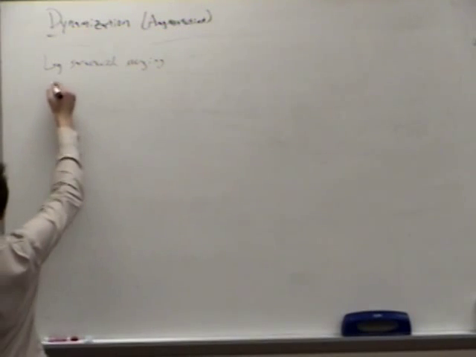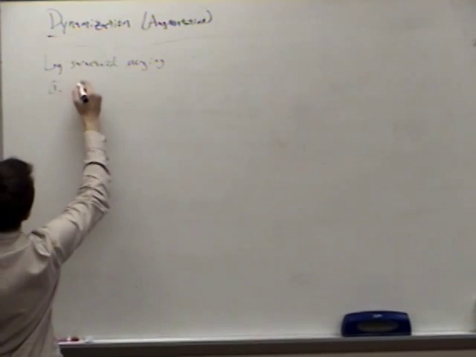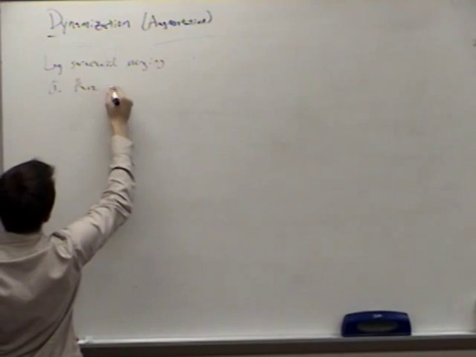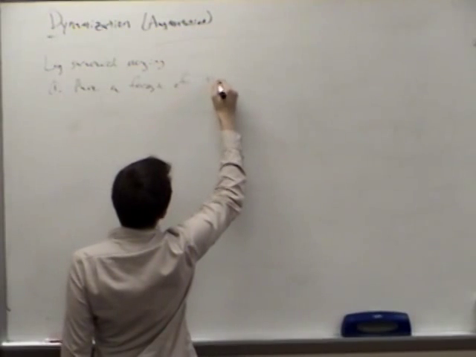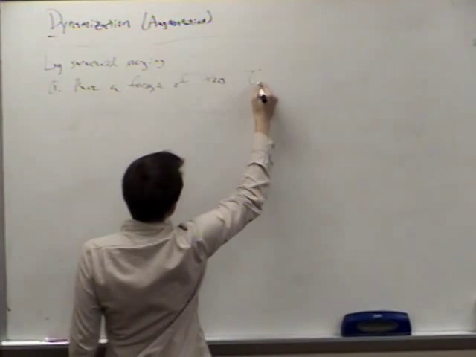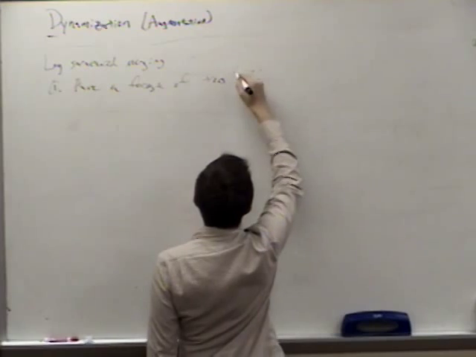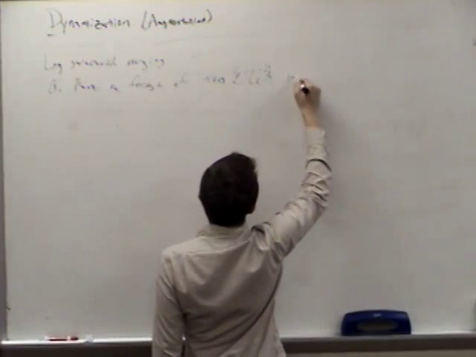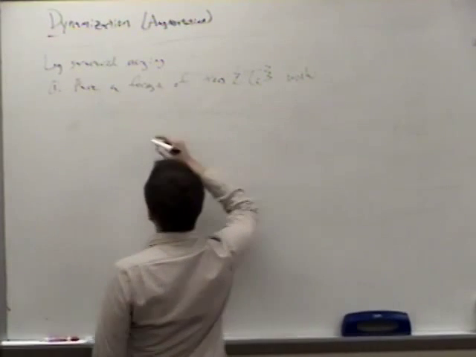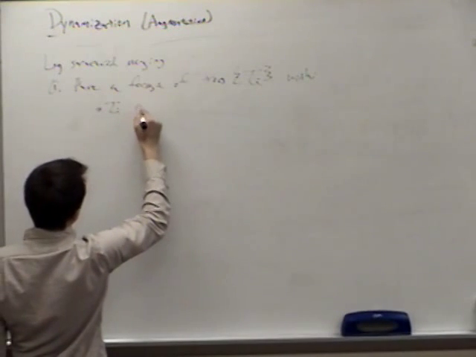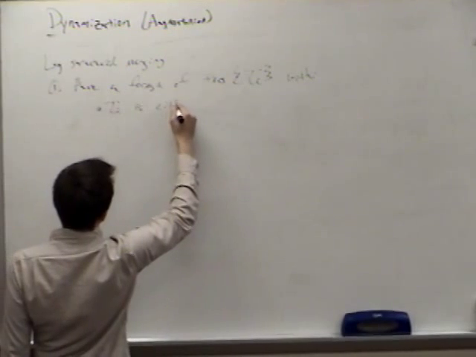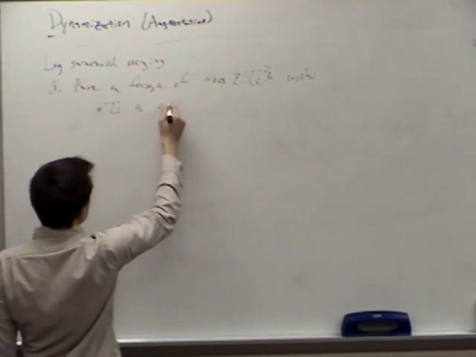So we basically have a forest of trees Ti, with Ti either empty.